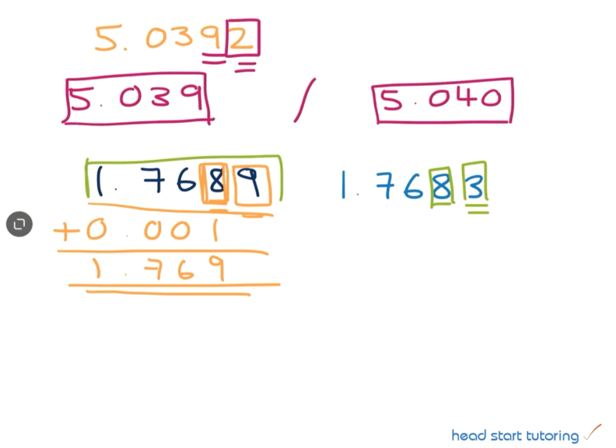And because this 3 is less than 5, this 8 is going to stay the same. So we end up with an answer of 1.768 or 1.7680, because everything after the place value that we are rounding to will become a 0.